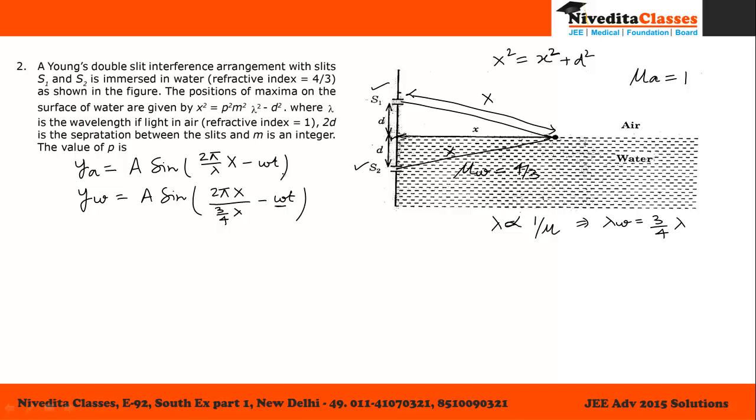Okay, so now for the condition of maxima, the phase difference between these two waves should be an integral multiple of 2 pi.